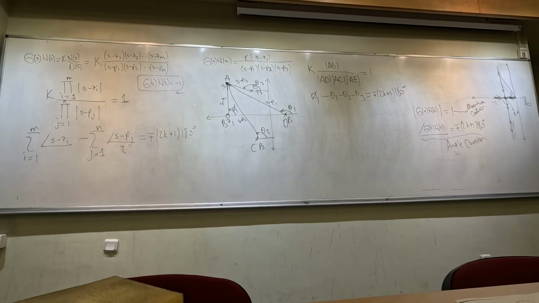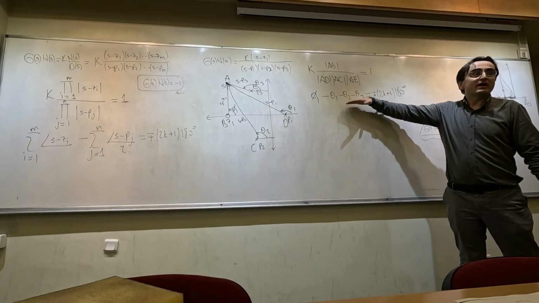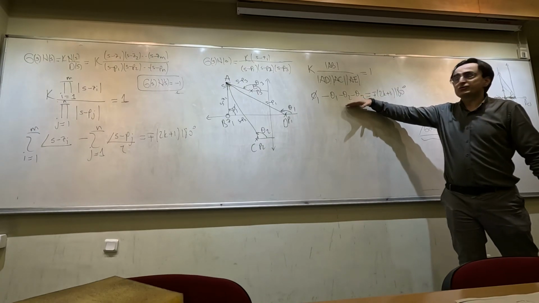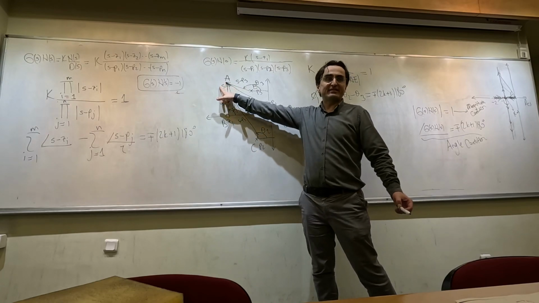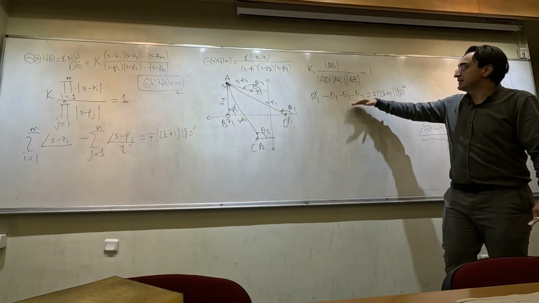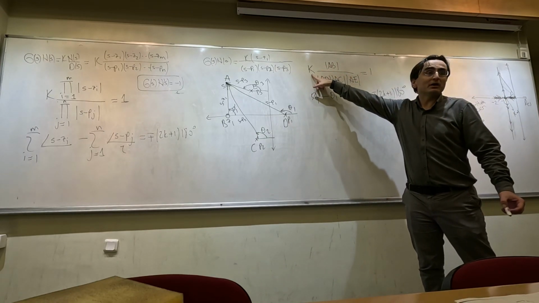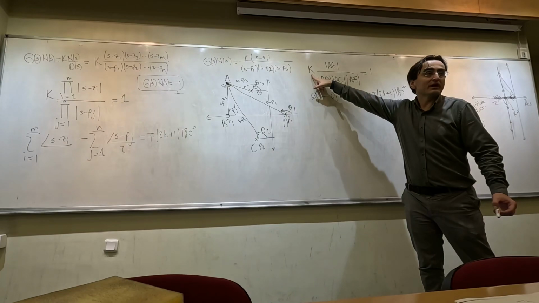So in general, what is important here is the angle condition. If a single point S satisfies this angle condition, then we can always satisfy the magnitude condition by choosing a suitable positive k.